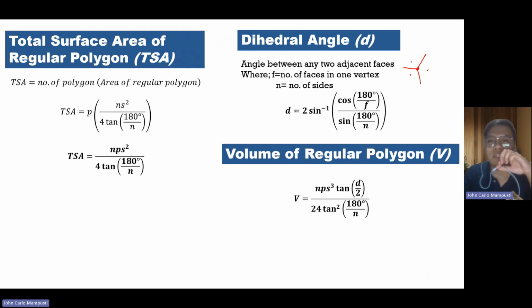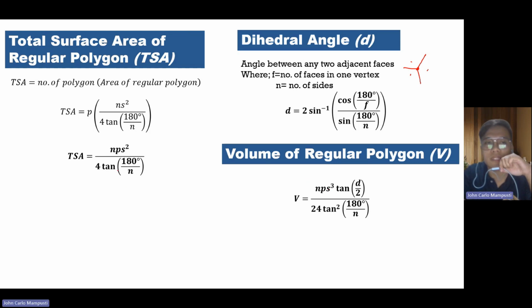We will be using this formula. D equal to 2 arc sine, or sine inverse, quantity cosine 180 over f all over sine 180 over the number of sides or n. So we will be using this formula for the volume of a regular polyhedron. So V is equal to n times number of faces or number of polygons present times s cube.